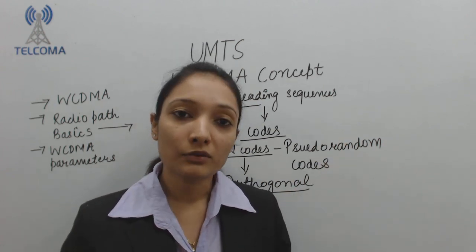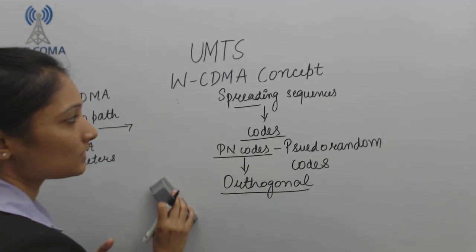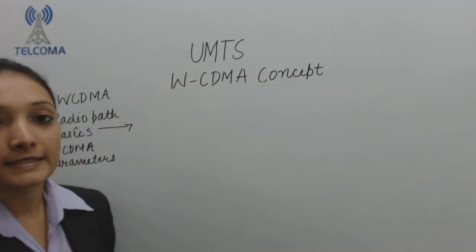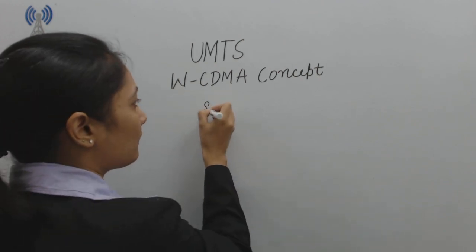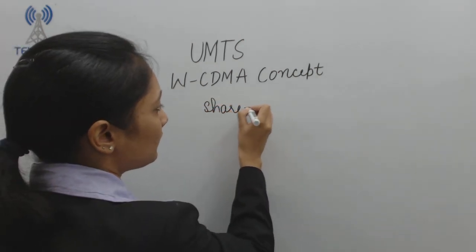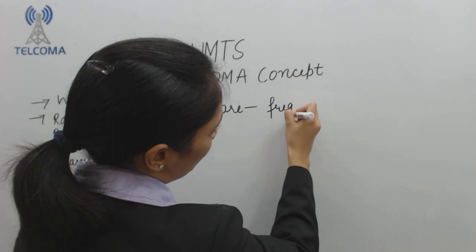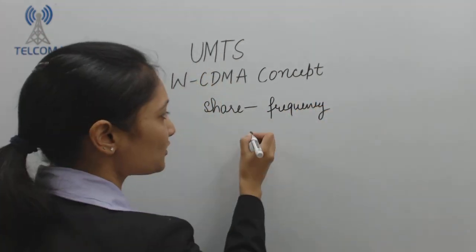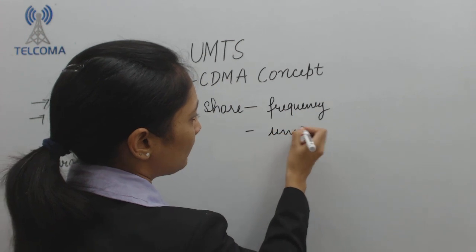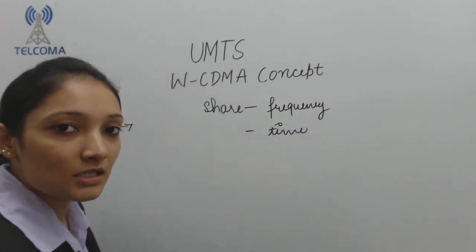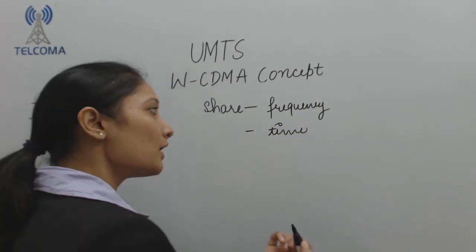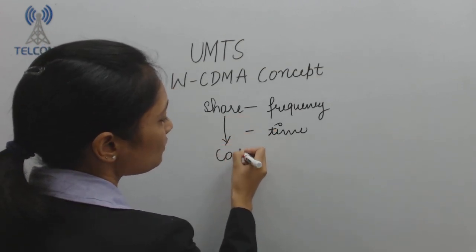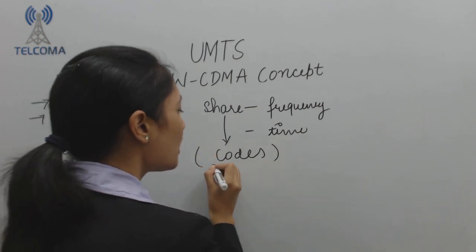So ultimately, all the users in a CDMA system will share the same frequency. They can transmit at the same time. That means the users can carry out the transmission simultaneously. So how are they distinguished? They are distinguished on the basis of these codes.